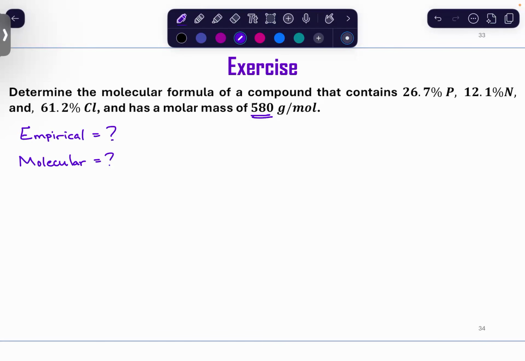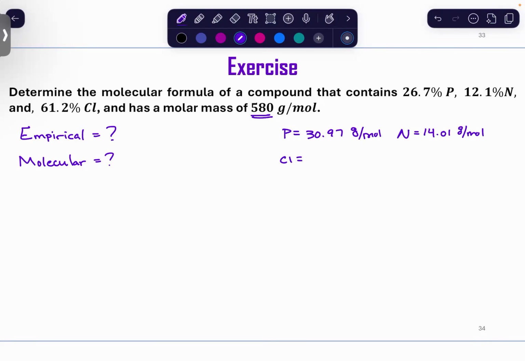Okay, so a couple things that we know. Let's see, phosphorus. I look at the periodic table, that's 30.97 grams per mole. Nitrogen is 14.01 grams per mole.